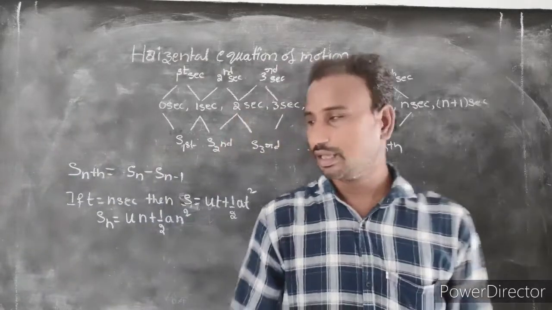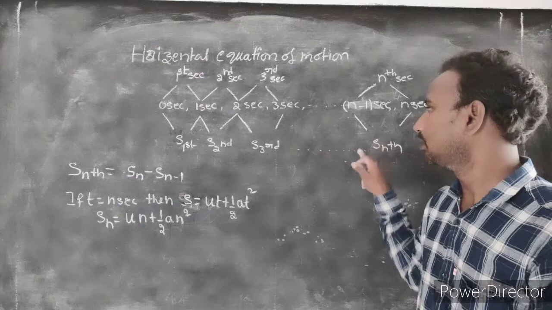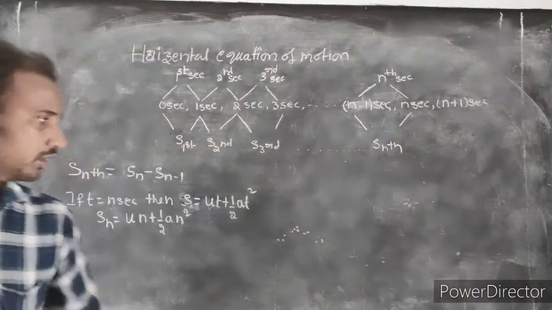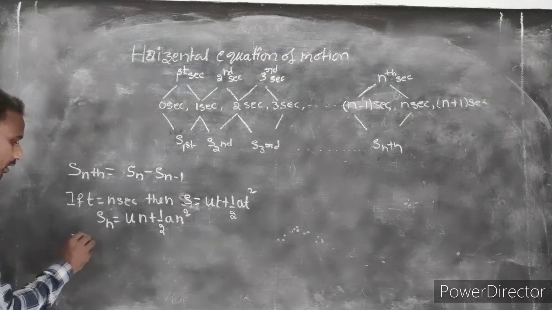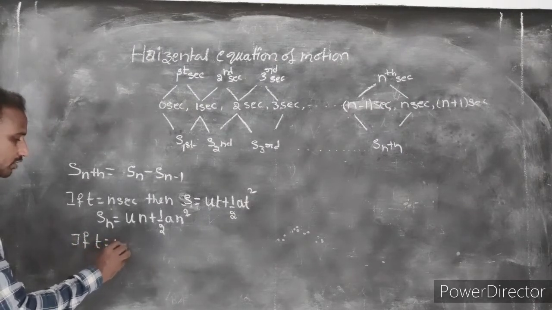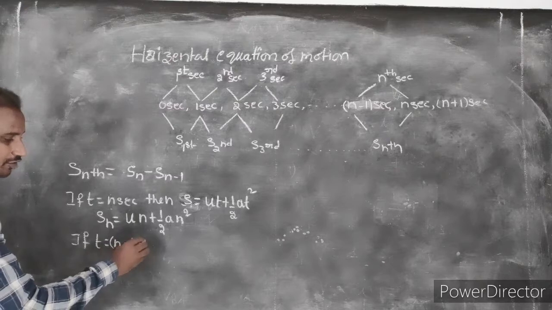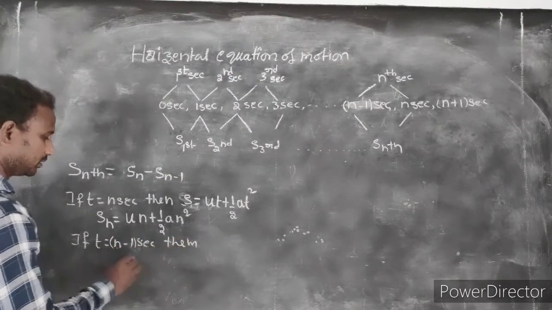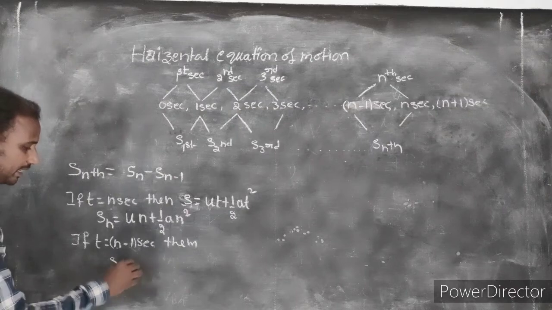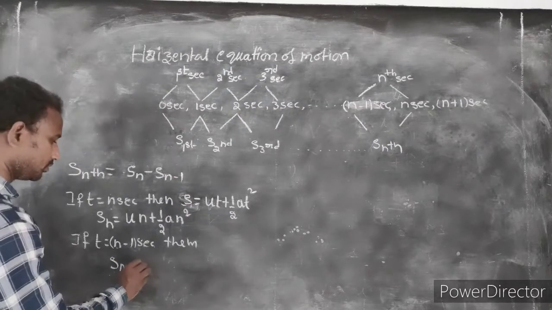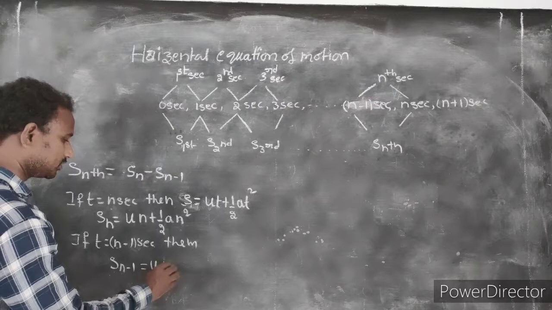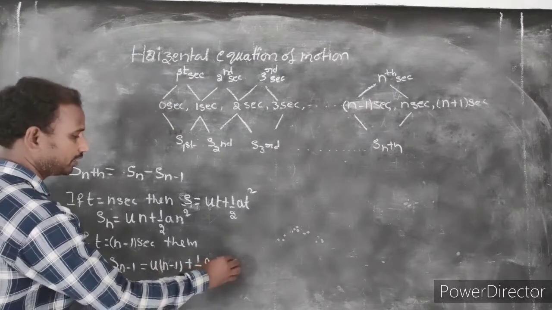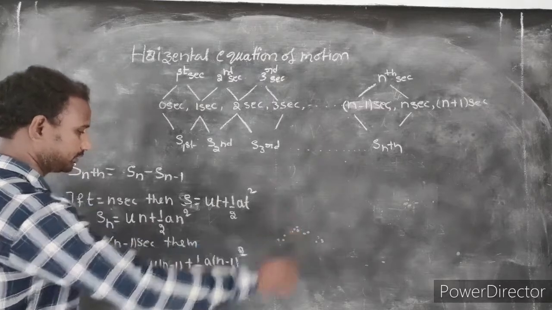Next, in n minus 1 seconds, how much displacement does the body cover? We have to find it if t equals n minus 1 second. So what is the displacement? S_(n-1) equals u into (n minus 1) plus 1 by 2 a into (n minus 1) whole square.